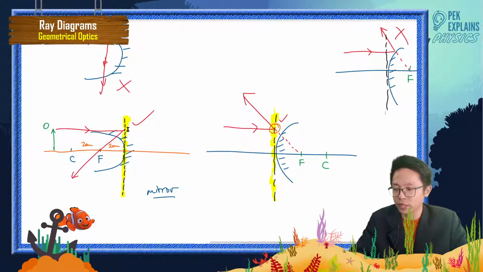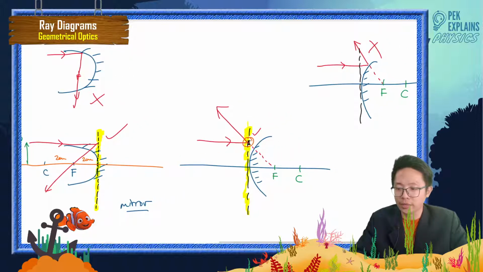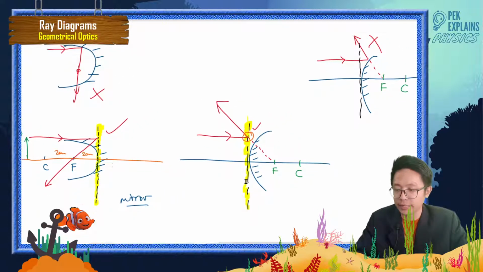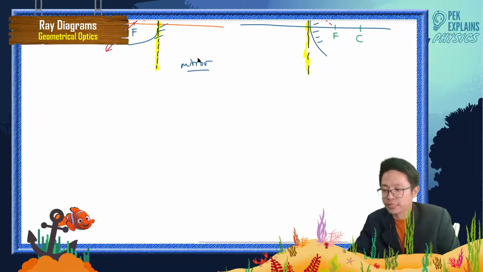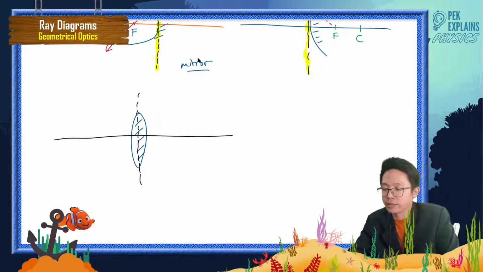All converge and diverge from the straight line for mirror. For lens also the same. If I have a convex lens, I also use a straight line to represent it. If I have the focal length, it must be equally spaced. Better use a ruler, measure 2 cm, 2 cm, or 3 cm, 3 cm.